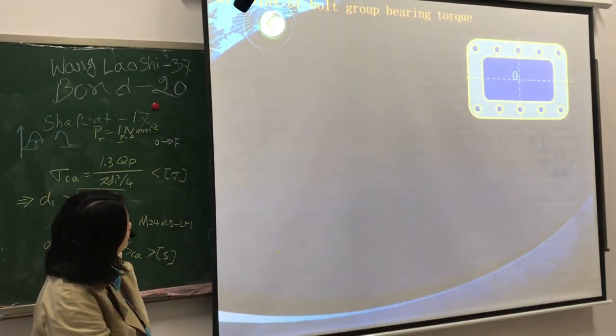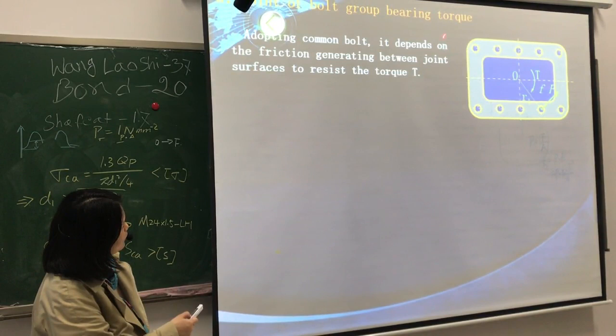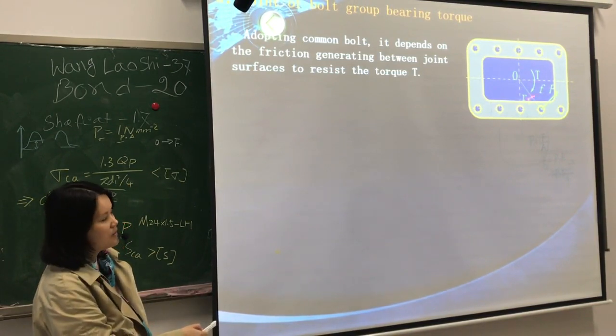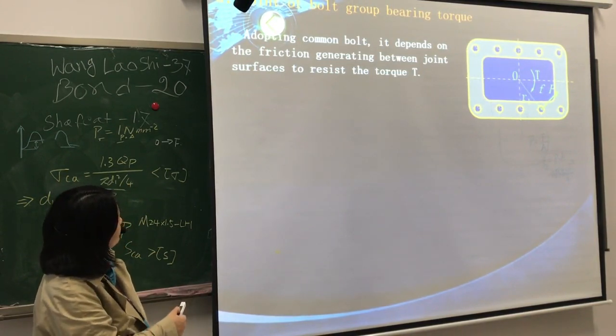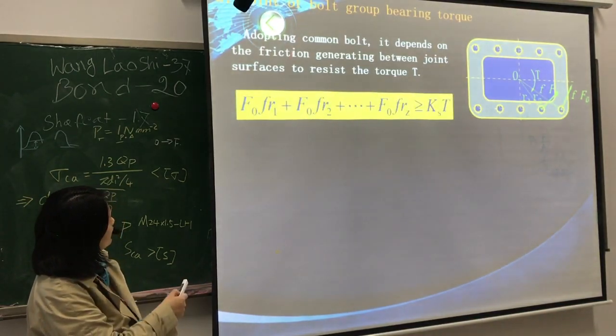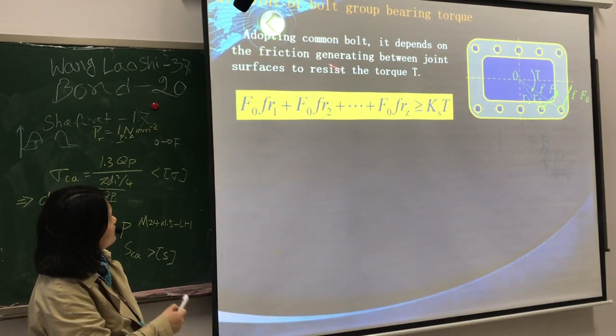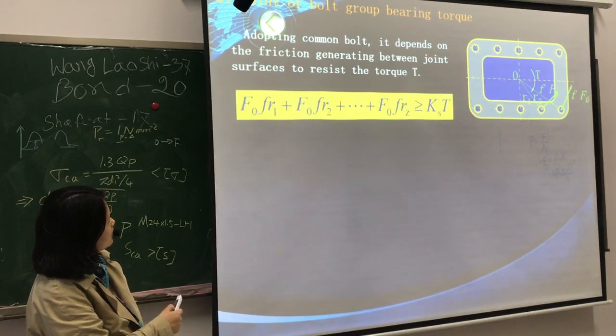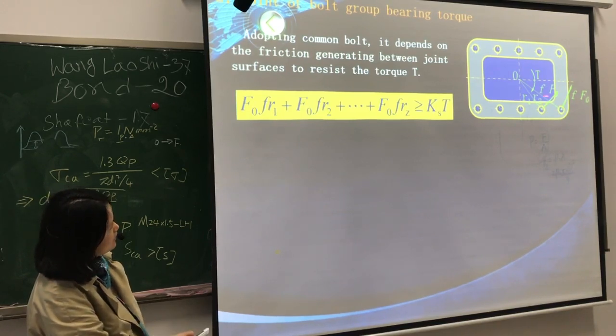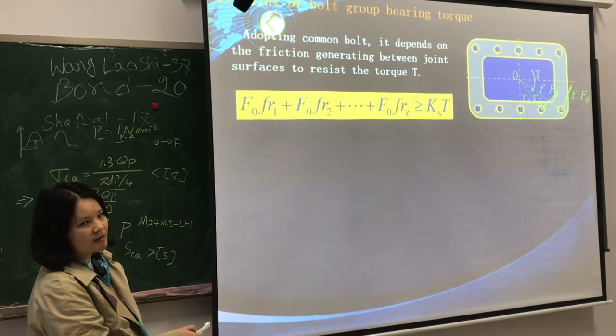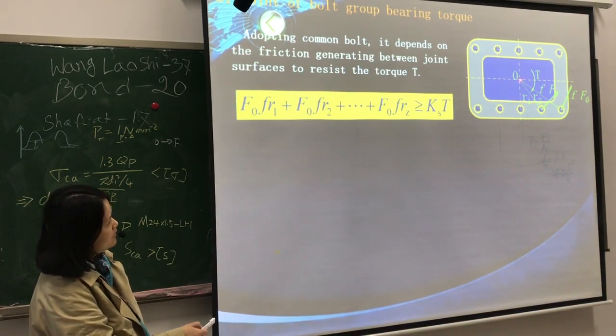And for a joint group bearing torque like this condition, the ordinary bolt depends on the friction generated between joint surfaces to resist the torque T. So we have this, and R is the distance between the center and the bolt.